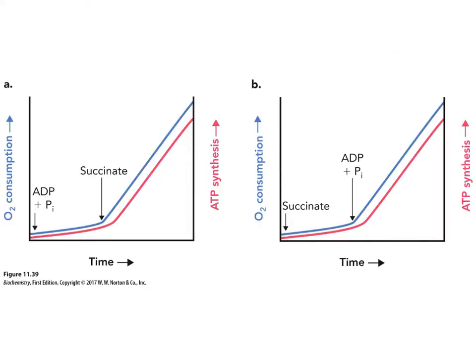So, if we do an experiment, we're going to look at inhibition of electron transport and ATP synthesis right now.